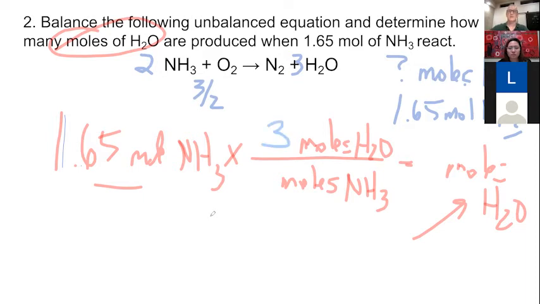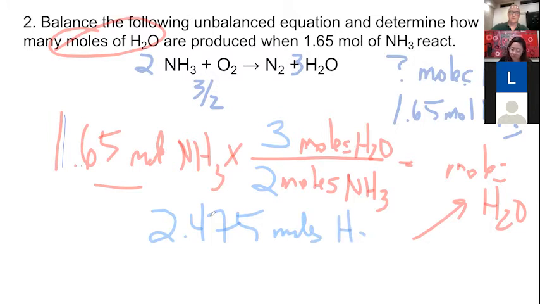For every 3 moles of water that comes out, 2 moles of ammonia go in. So our answer is 1.65 times 3 divided by 2. And so I get 2.475 moles of water. Now, what's my final answer going to be?